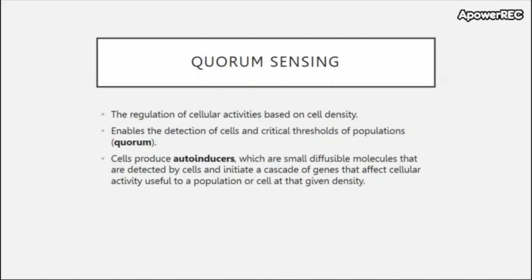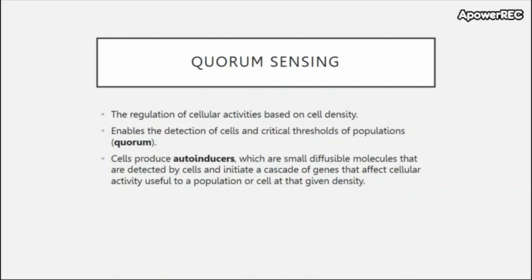The way it works is cells produce what are called autoinducers, which are small and diffusible molecules that are detected by cells and initiate a cascade of genes that affect cellular activity useful to a population or cell at that given density.